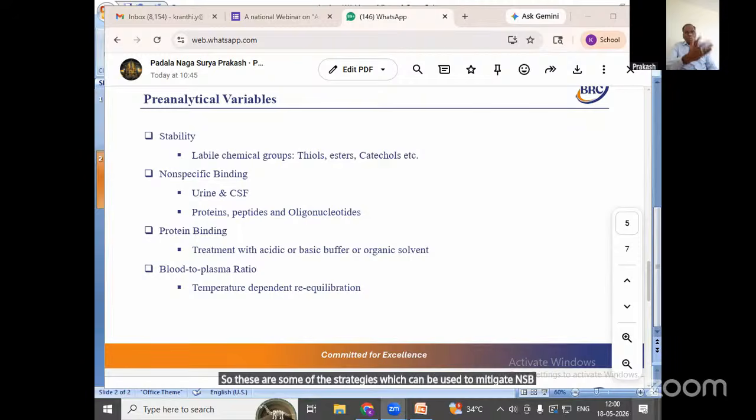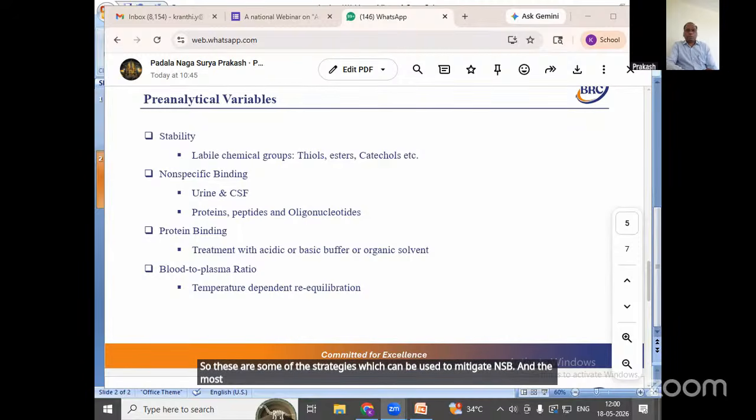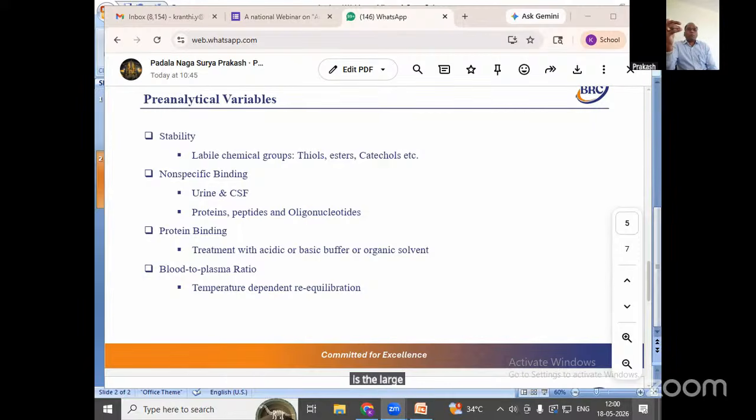And the class of compounds most prone to this is the large molecules. It is not the small molecules which are prone to NSB. It is the large molecules such as proteins, peptides, oligonucleotides. So this is one area bioanalytical scientists have to pay attention to.